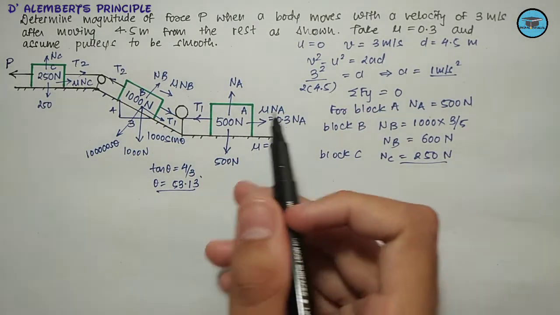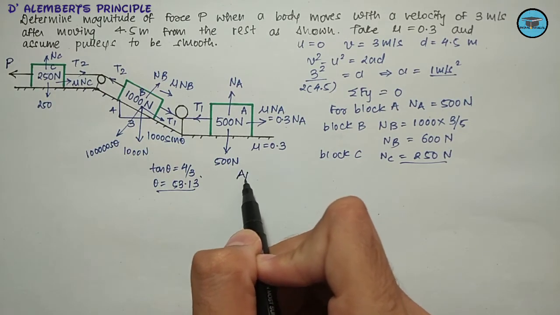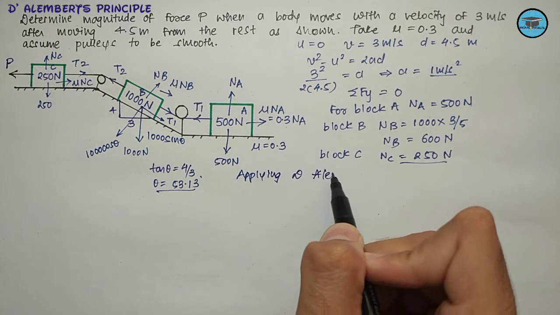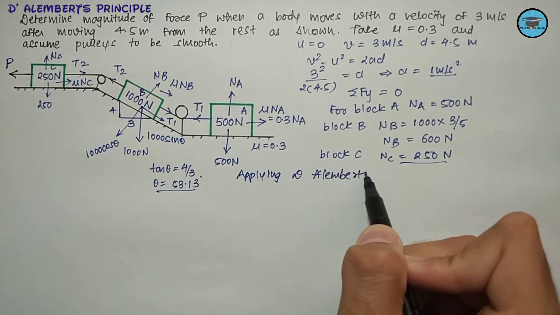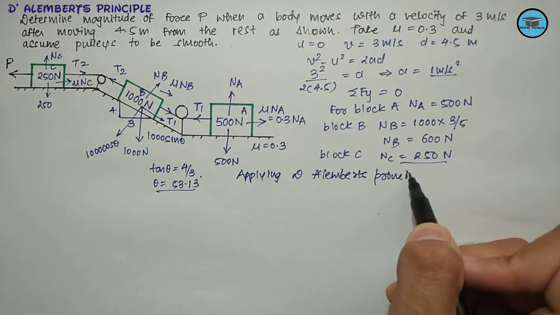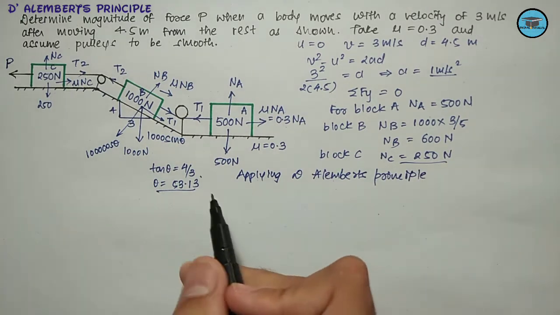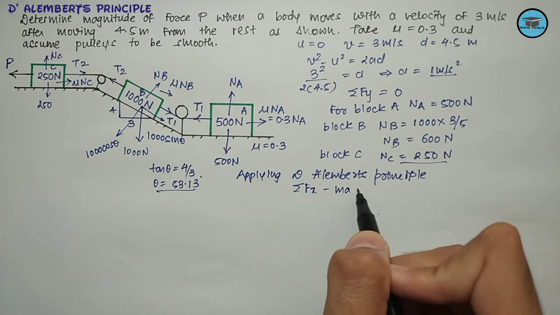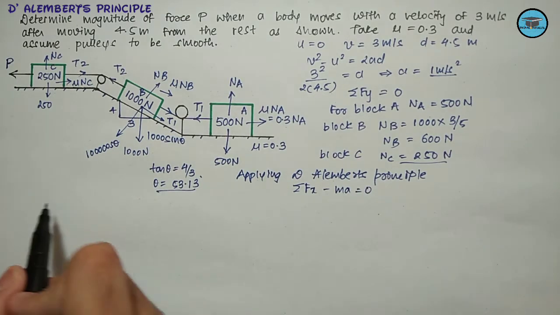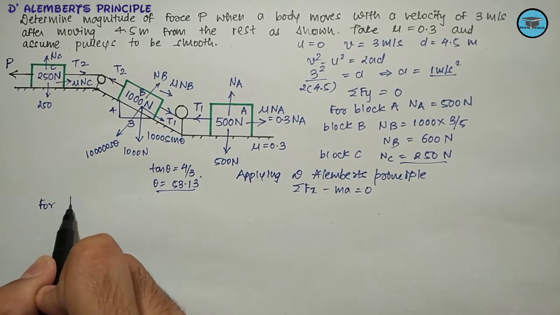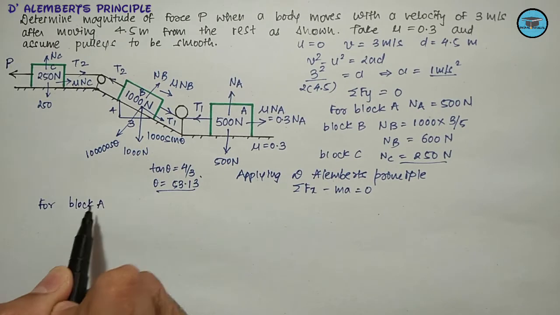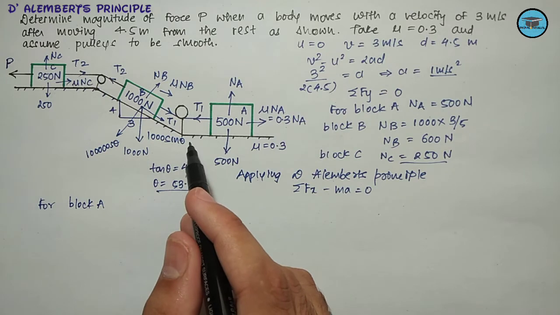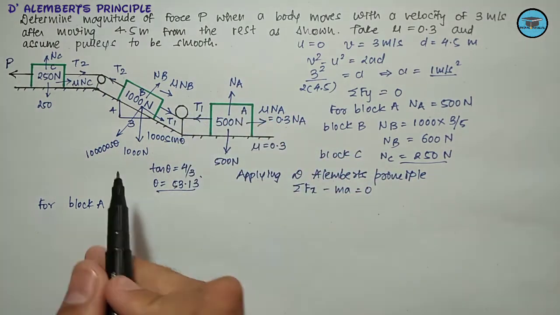Now, applying D'Alembert's principle in the x direction, sigma Fx minus mass into acceleration equals 0. For block A, the force in the direction of motion is considered positive, so T1 is positive.